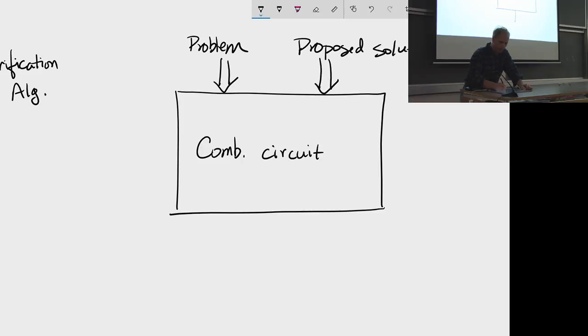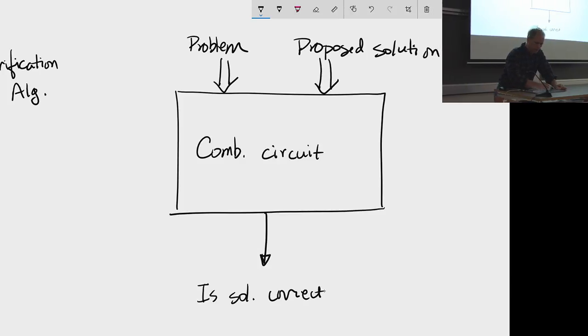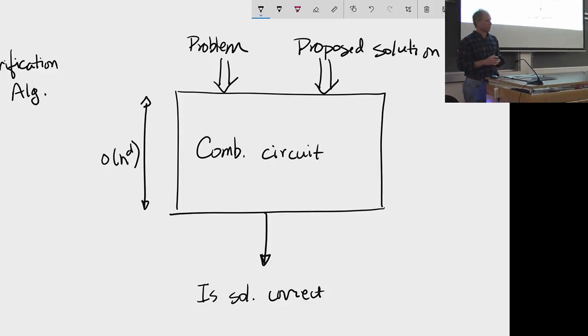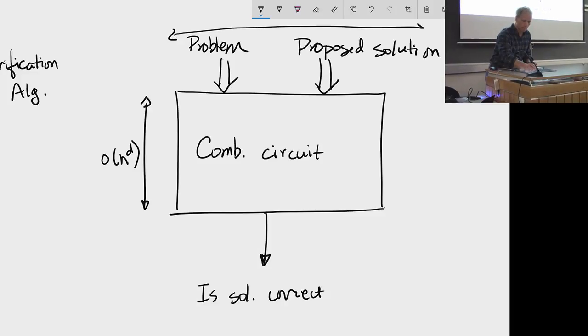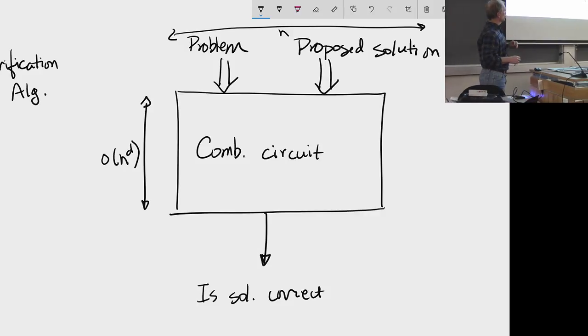And out the bottom comes a single bit, which tells you, is the solution correct? The depth of this circuit is O of n to the d, where d is some constant, and n is the input size, because we know the verification algorithm is polynomial time.